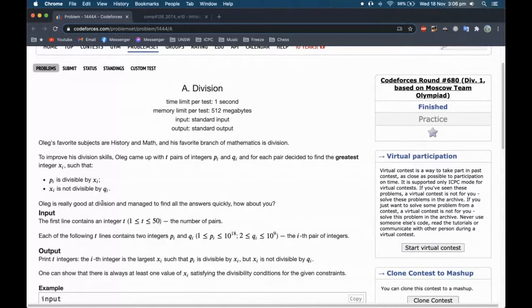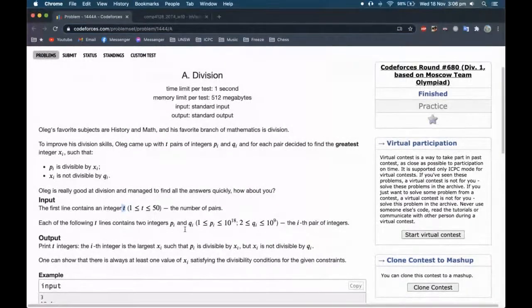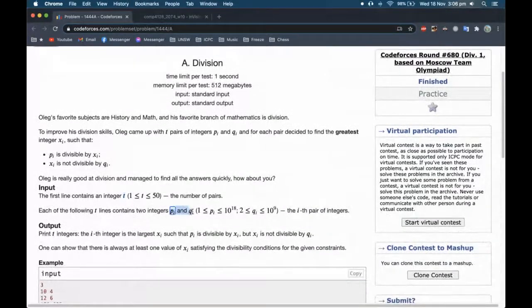How about you? For the input, you're going to get a single integer t, which is the number of pairs. Then you're going to get t lines containing two integers p_i and q_i. Notice that p_i is going to be up to 10^18, which means that you'll need long longs to store p, and q_i is only going to be up to 10^9.